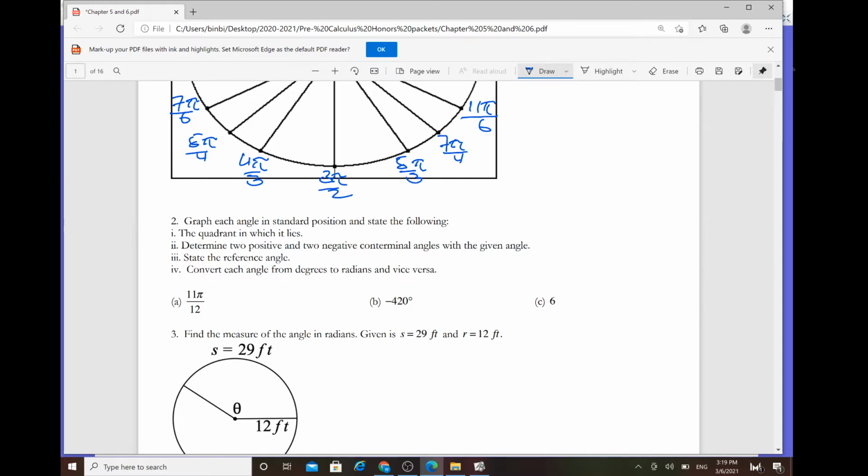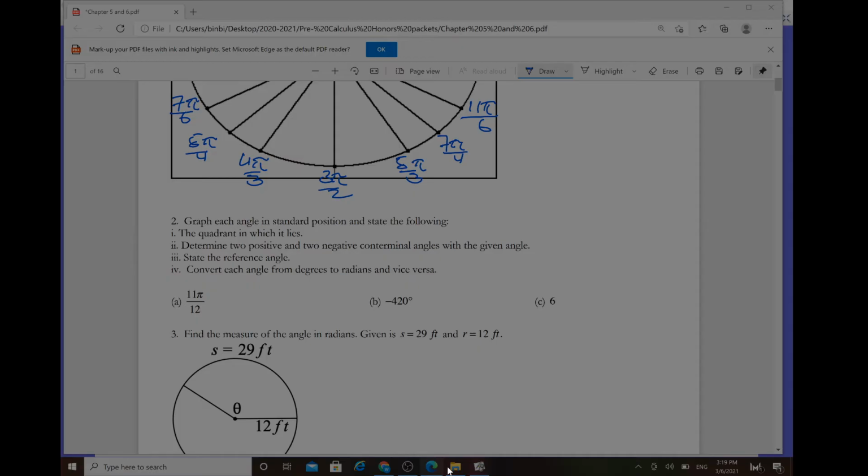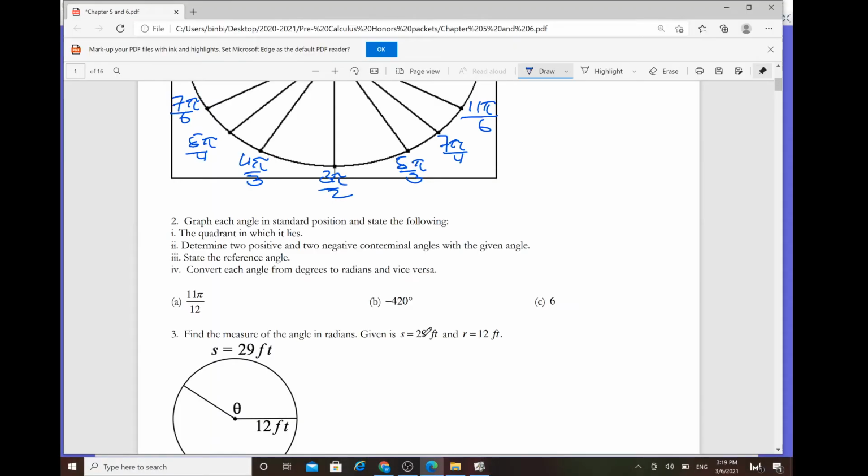Okay, so this one, let me just snip it and put it into the new slide. Oops. Okay, so number 2. There's a technical difficulty right here. Let me just close this out. Once again, let me snip this one.